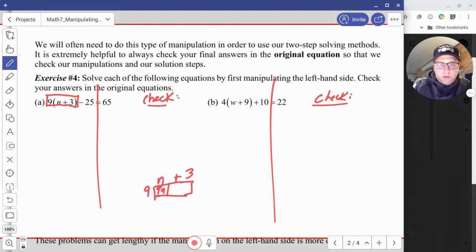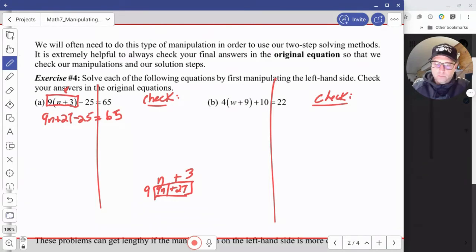And then 9 times positive 3 is positive 27. That's straight up distribute, guys. So this block right here turns into 9n plus 27. Minus 25 is still there. It just drops through and waits. Equals drops through. 65 drops through.